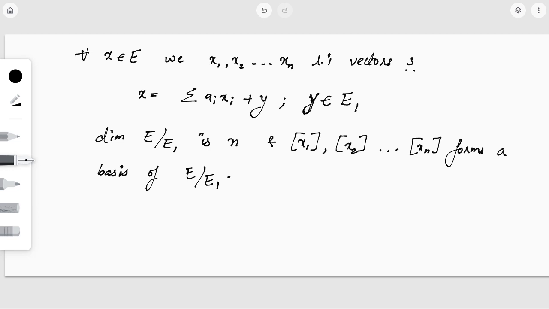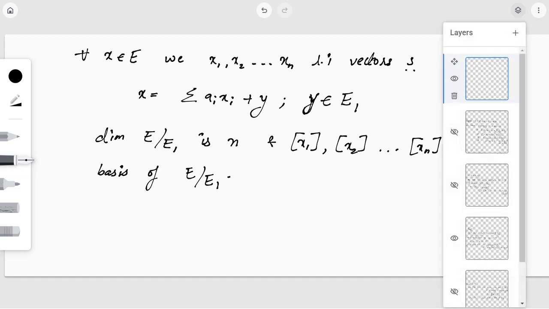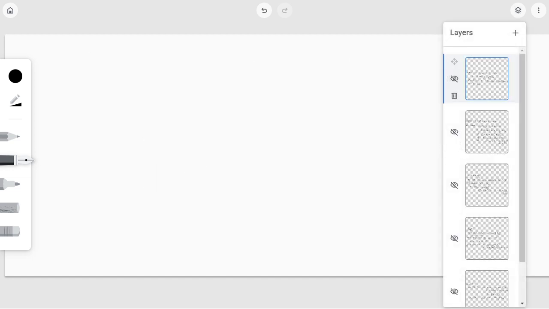Now let us go to the proof. To show that the set is a basis, we need to show that it is linearly independent and spans the given space. First, suppose summation ai coset xi is equal to the coset 0.